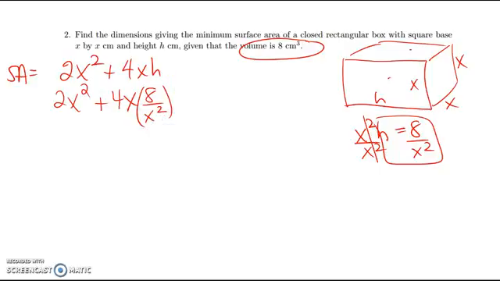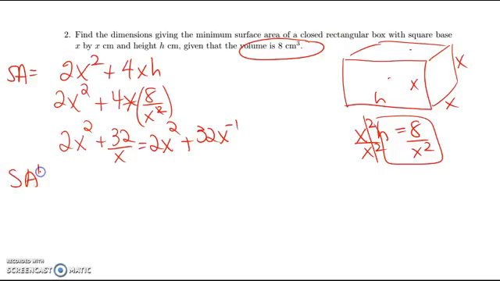Okay, I think I have to double check this. So I'm going to simplify, take an x out here. So this becomes 2x squared plus 32 over x, which is 2x squared plus 32x to the minus 1, right?